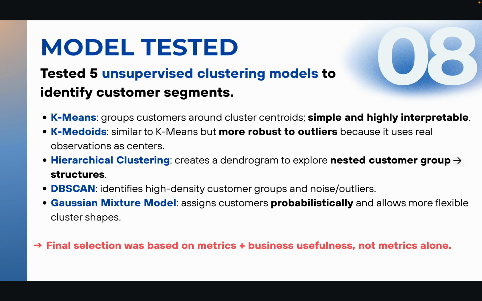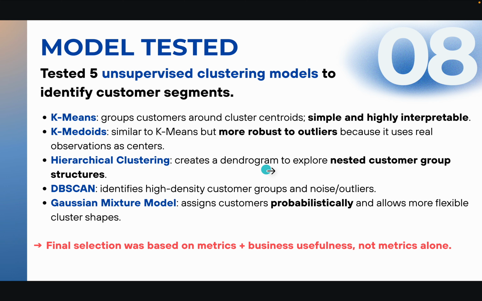So the next step is to apply the models according to the templates and suggestions by the organization. I do 5 unsupervised clustering models: k-means, k-medoids, hierarchical clustering, DBSCAN, and finally GMM.